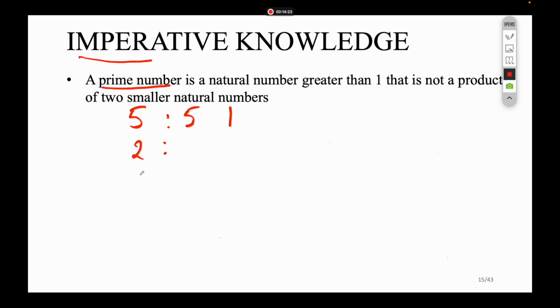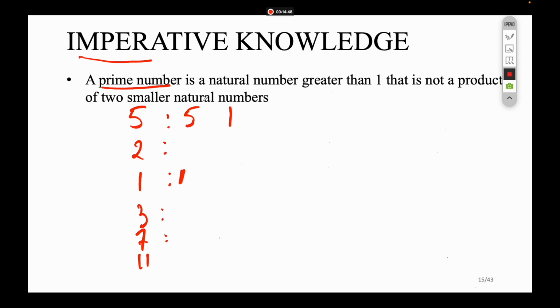Number 2, for example. But number 1 is not a prime number because number 1 is a special case. It's only divisible by itself. So yes, it's not a prime number. So we have number 2, number 5, number 3, for example, number 7, and number 11.